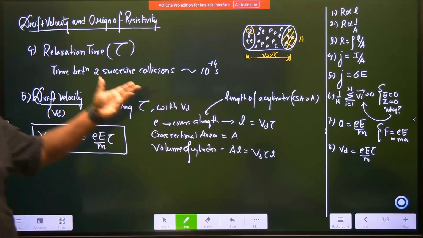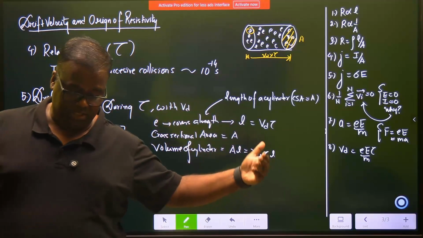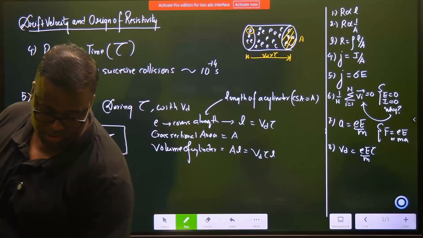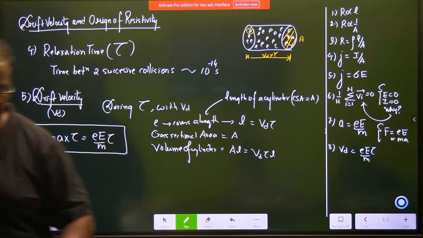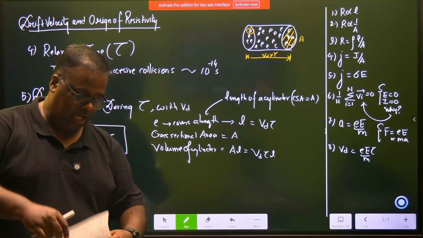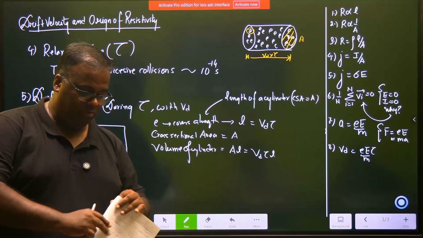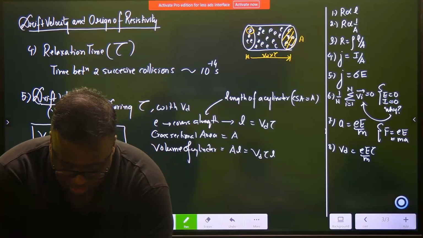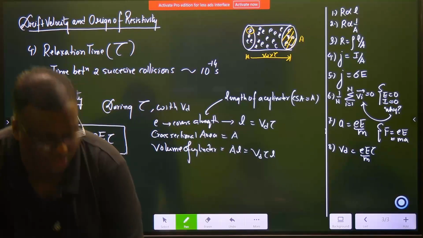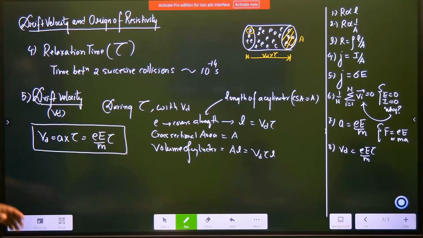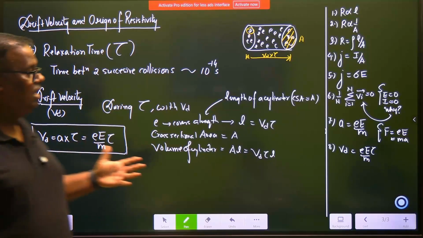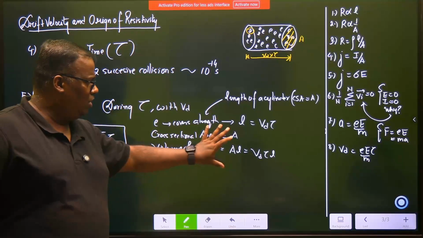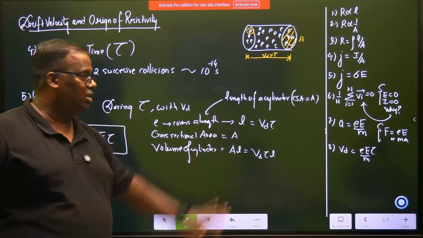So the same diagram which you have drawn, random motion plus average drift. And this average drift will cause your flow of current. So in the last class as well as today, what did we say? The average motion due to collisions will be 0, but there will be a drift. The drift is Vd, and we now just found a formula for Vd. Vd is equal to E tau by m. Have you understood? And this one also you keep. This idea is that we'll just use it.